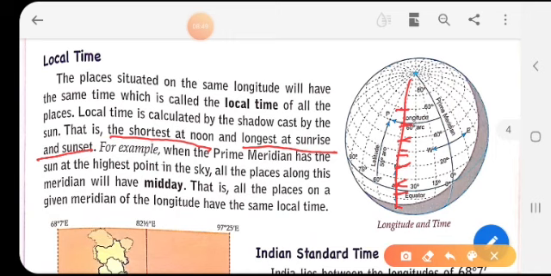For example, when the prime meridian has the sun at the highest point in the sky, all the places along this meridian will have midday. So if the prime meridian has the sun at the top and has the shortest shadow, then what is the time there? It is 12 noon. So all the places lying on this longitude will have the time 12 noon.